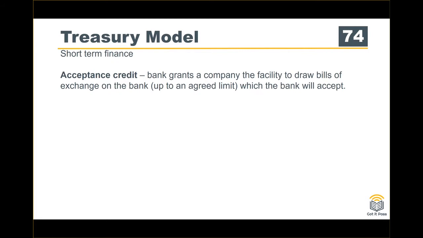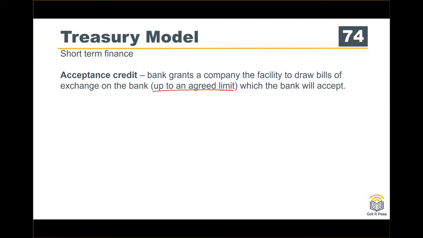For acceptance credit, it means a bank can grant the company the facility to draw bills of exchange on the bank, which the bank will accept, up to an agreed limit. Accepted bills are sold in the discount market by the bank on behalf of the company at a discount, and the company obtains finance from the purchaser of the discounted bills.